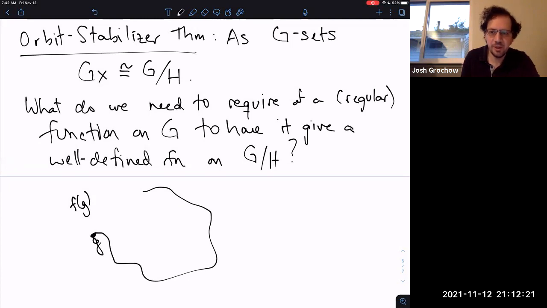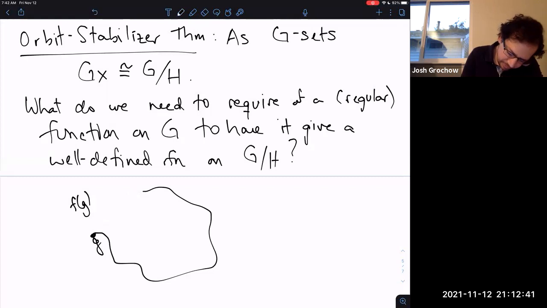As I look at different points in G, my function takes different values. And then say I come back. Well, I better be back to the same function value. But in G mod H, coming back includes landing in the same coset as g.